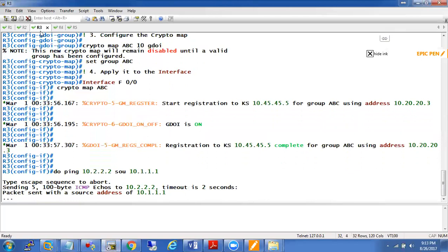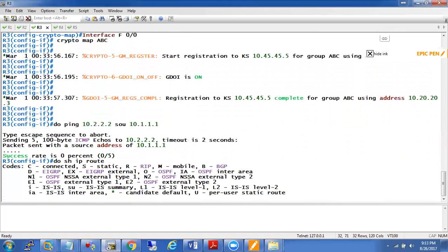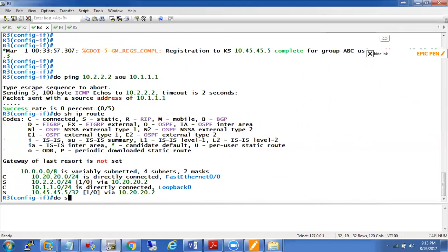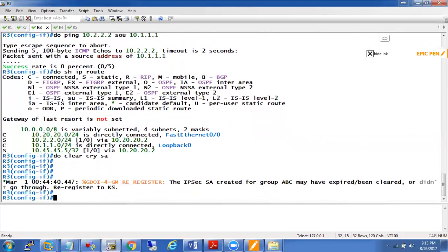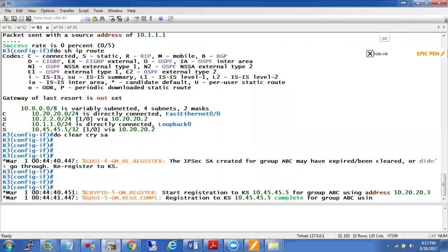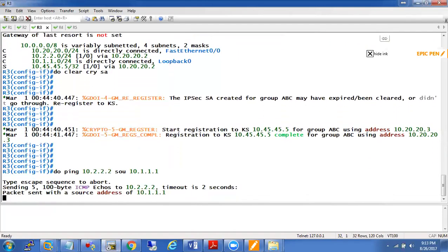Now what happened? Three to one is now working. 3 to 2 is now working.